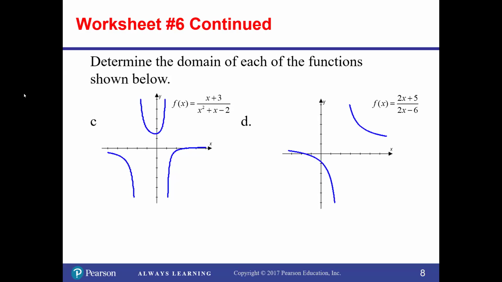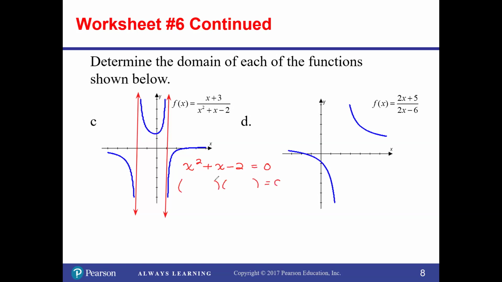So if you look at C and D, it looks like maybe here at -2 and maybe here at 1 are two of the places. It looks like maybe I don't have any values in my domain. Well, once again, we're just going to take that denominator of x squared plus x minus 2 and set it equal to 0.